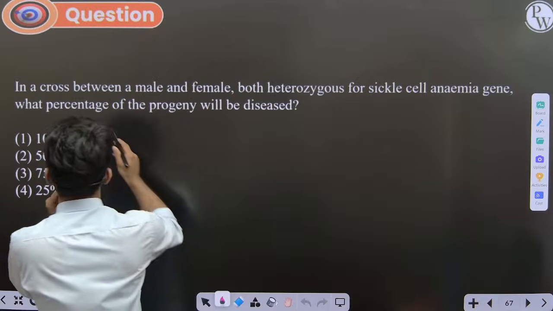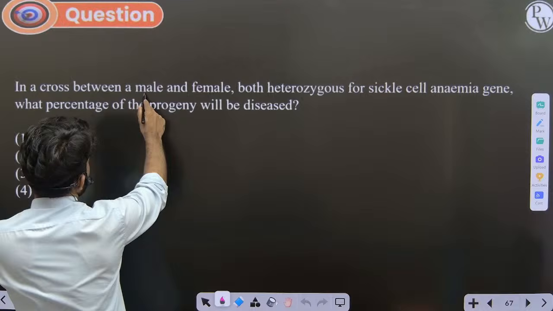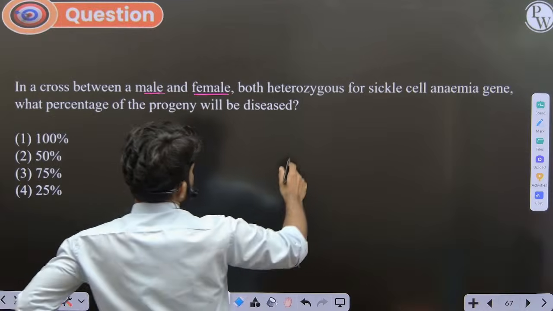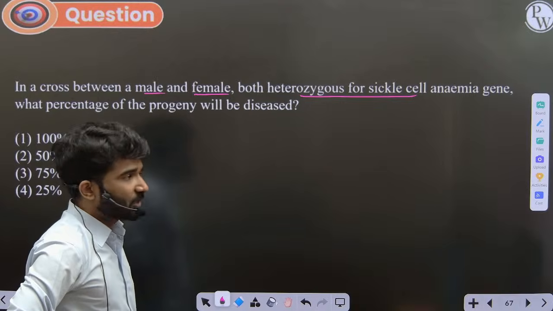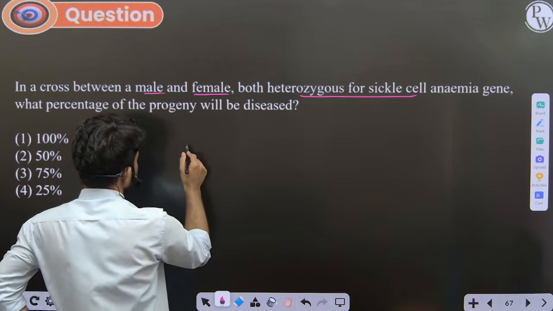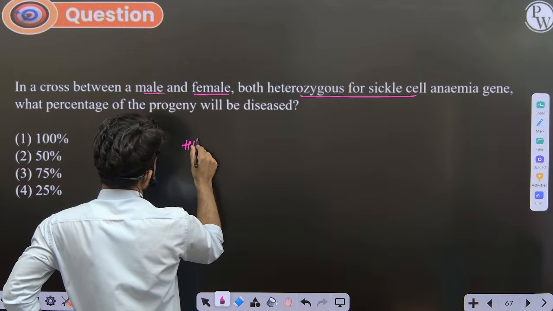Next one: in a cross between a male and female, both are heterozygous for sickle cell anemia.